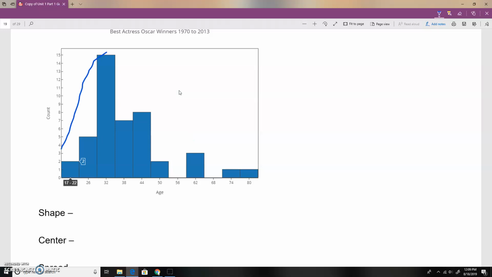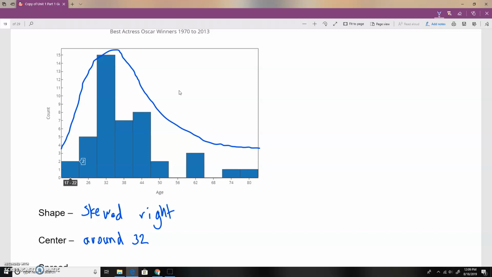The shape of it tends to tail off to the right, so I would say our histogram is skewed right. It's not symmetric. Our center, it's kind of hard to tell, but I'd probably guess it's around where that high peak is, around 32 or so.